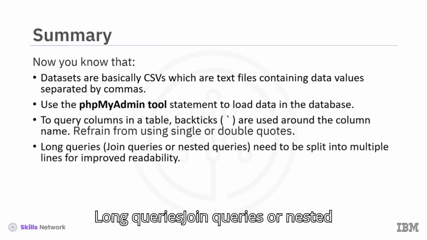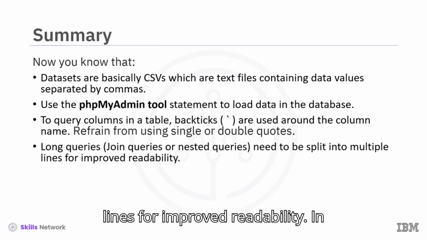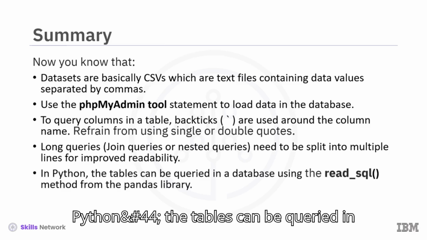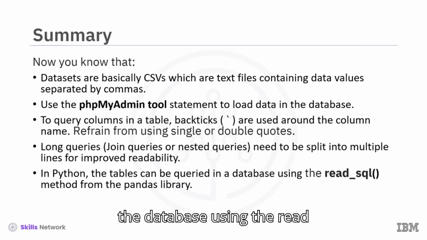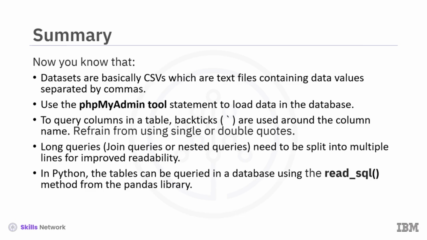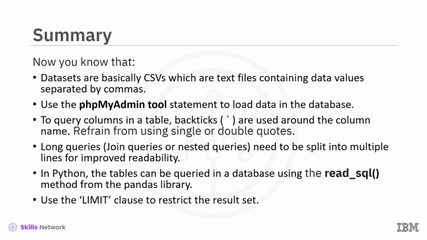Long queries, join queries, or nested queries need to be split into multiple lines for improved readability. In Python, the tables can be queried in the database using the read_sql method from the pandas library. Use the limit clause to restrict the results set.